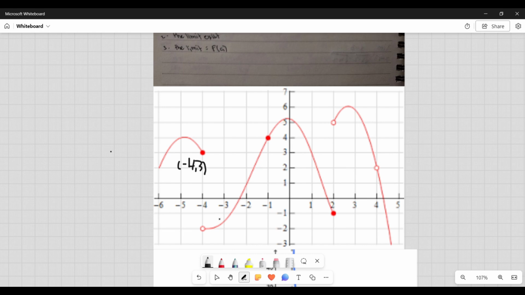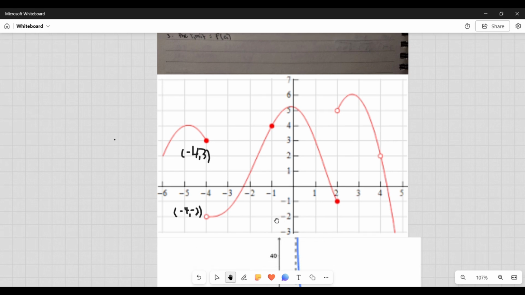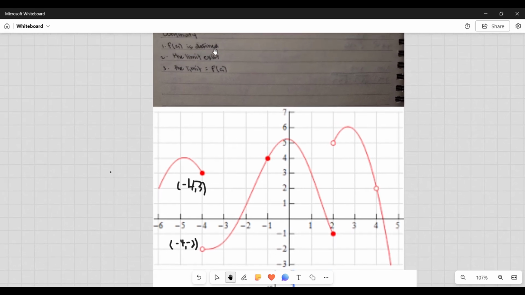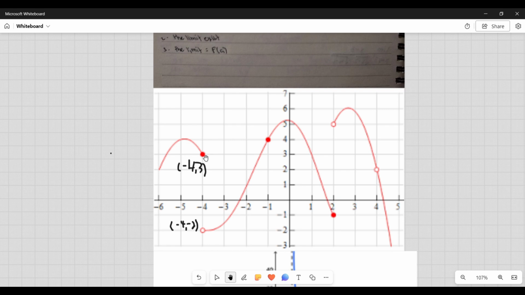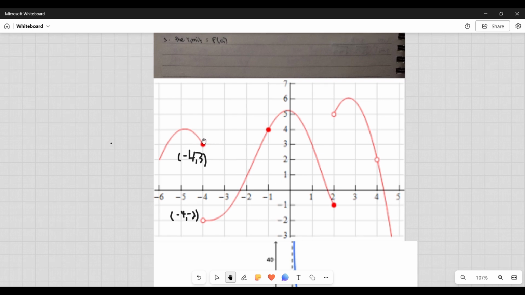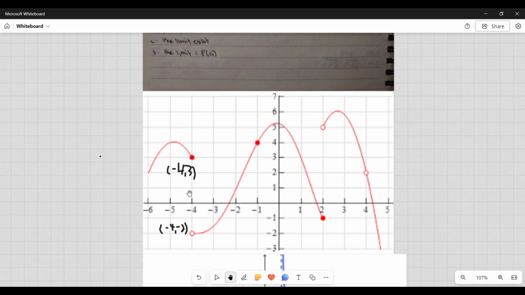And the right side meets at -4, -2. So the function exists, it's defined. The limit is not existent because of the different points. Therefore, this is discontinuous.